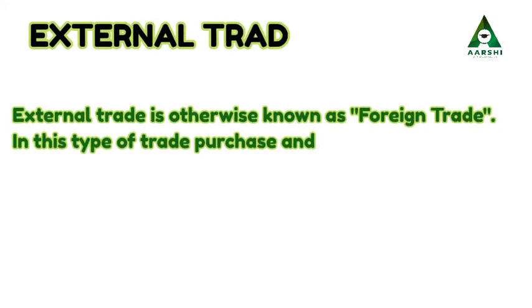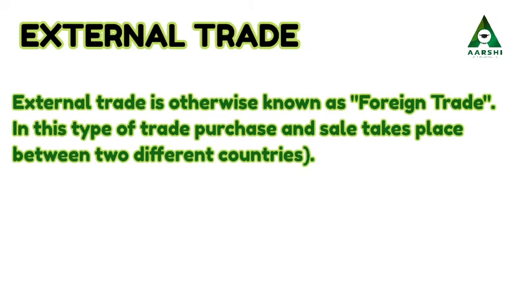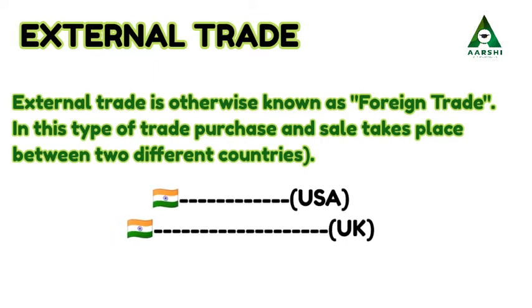Now, what is external trade? So, external trade is otherwise known as foreign trade, means where trade activity conducted outside the country. It will be regarded as external or foreign trade. For example, a trader of India used to sell his or her goods and services outside India. For example, trader of India transfer goods and services to USA or UK or Australia.